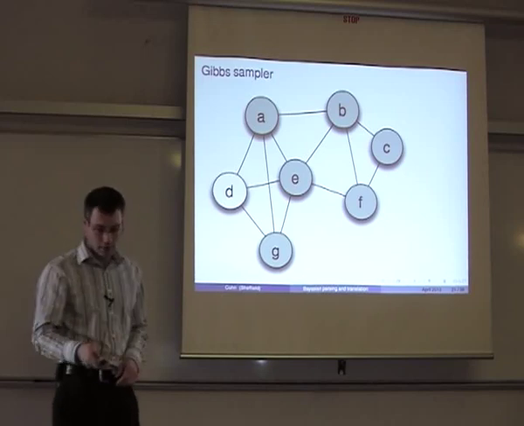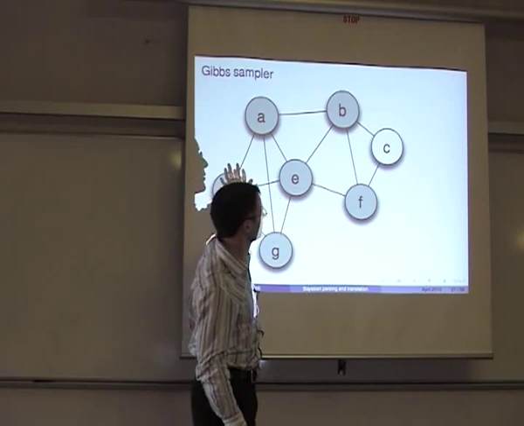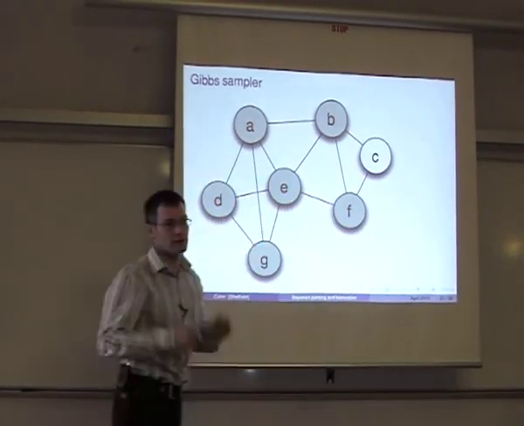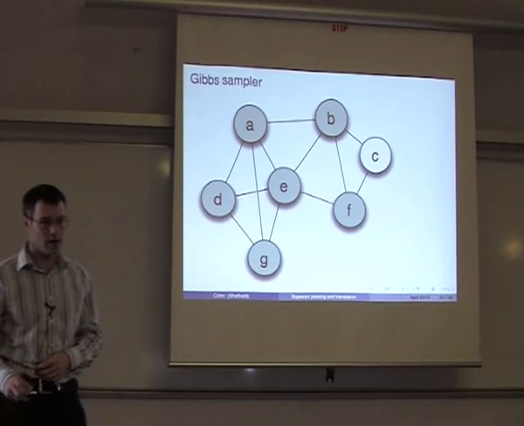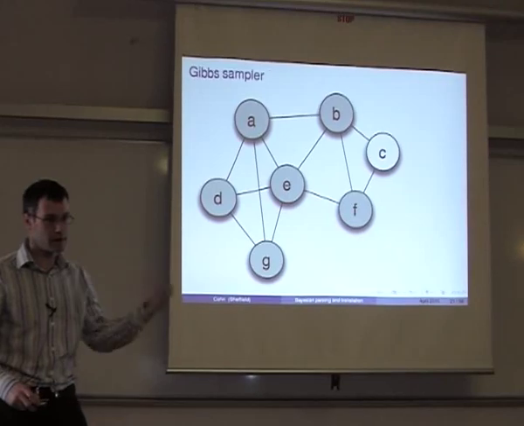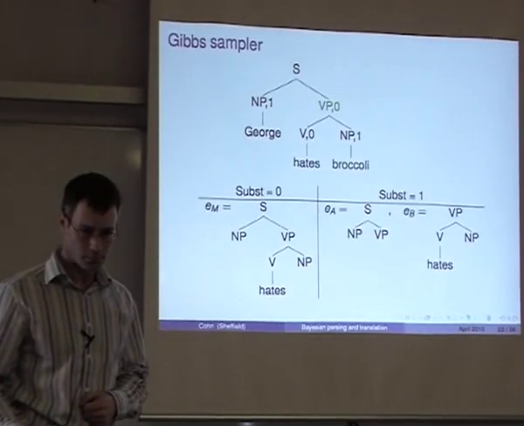Then we're going to set that value, and we're going to move on to another random node in our training set. We're going to condition on everything else, and we're going to resample that one. So we're doing very, very local changes to every individual thing in the tree, and we do this over and over again until we start sampling from the distribution under our model.